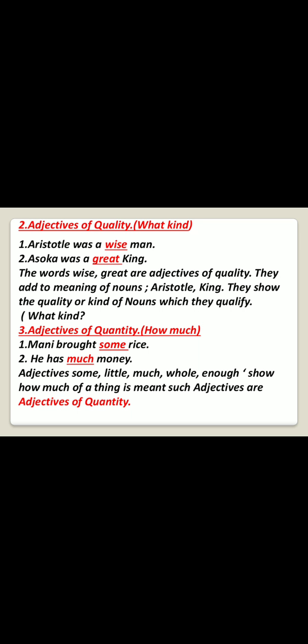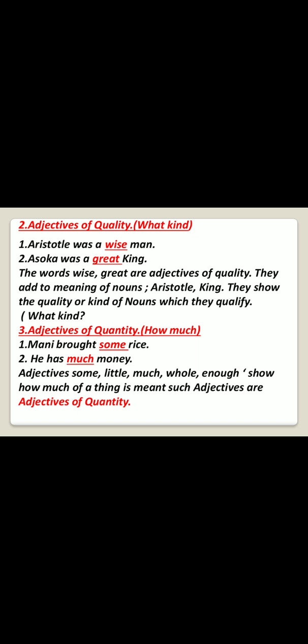So number 3, adjectives of quantity. How much? How much rice? How much potatoes? So we will always ask the quantity of the things. An adjective that describes the quantity of a noun is called adjective of quantity. For example, number 1, Mani brought some rice.